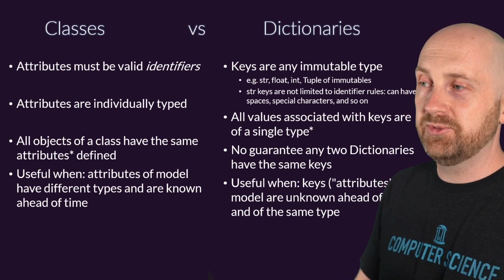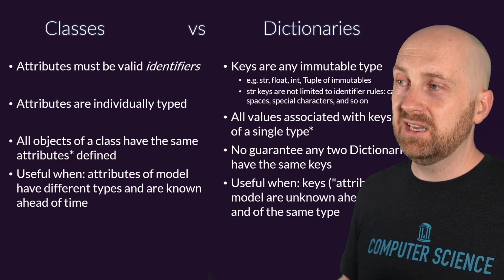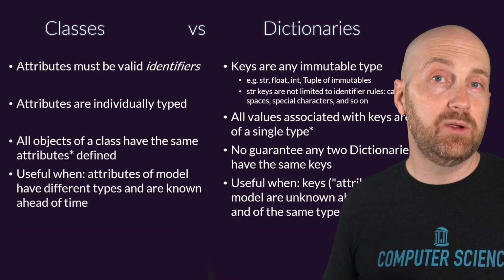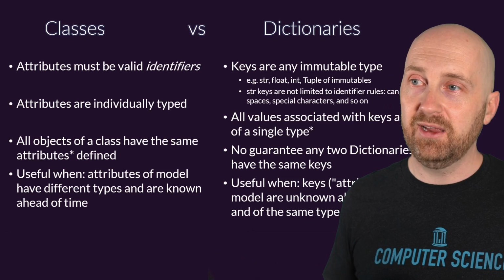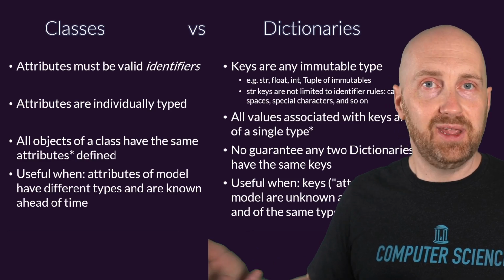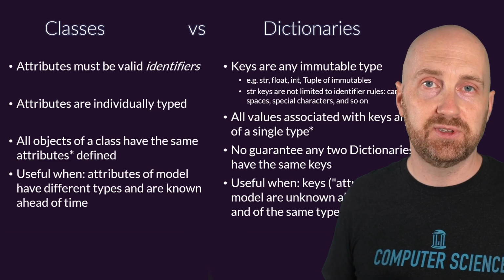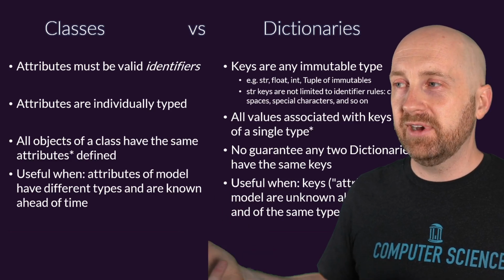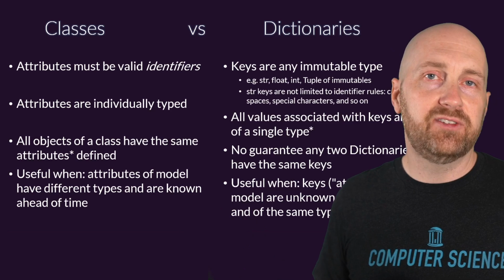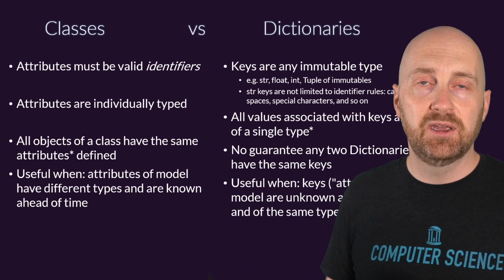So these two concepts are distinct from one another. In some cases, you can go one way or the other and be totally fine. You can write a class that behaves and feels kind of like a dictionary if you know the attributes that you need. And vice versa, you could use a dictionary in some cases where you can use a class.